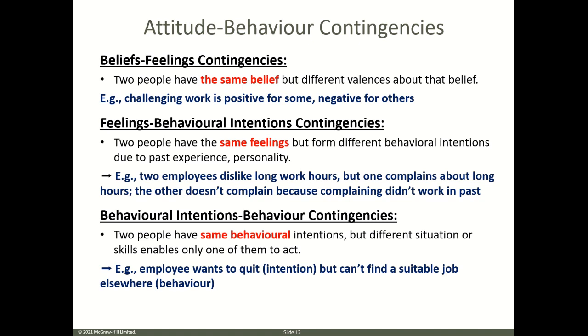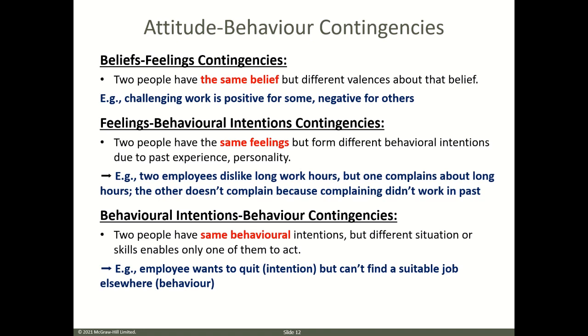For example, two employees dislike long work hours, but one complains about long hours and the other does not complain because complaining did not work in the past. So two employees have different attitudes towards the particular job.